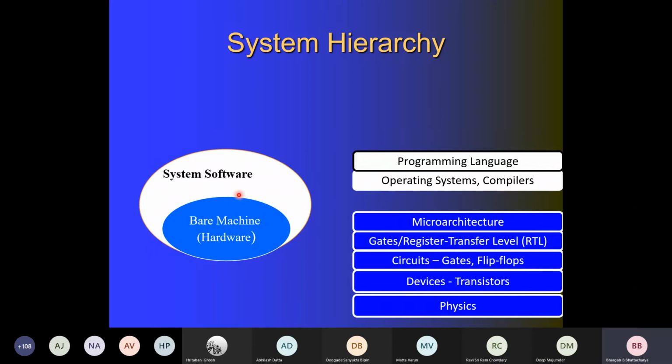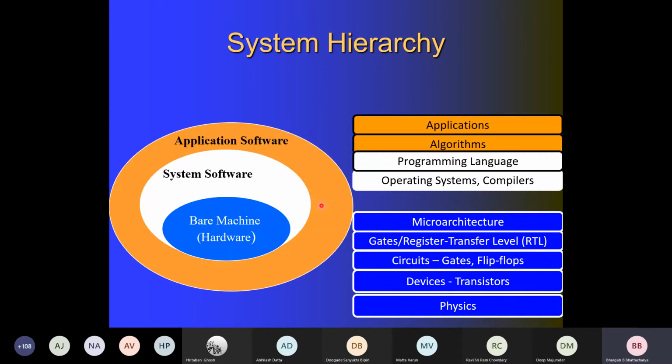The software engineers have the task of building the system software, which may be compilers, operating systems, other programming languages, and obviously beyond that you have application software, where you need to think about algorithms. For example, you want to run your sorting algorithm, so you need to think of algorithms and different applications and so on.